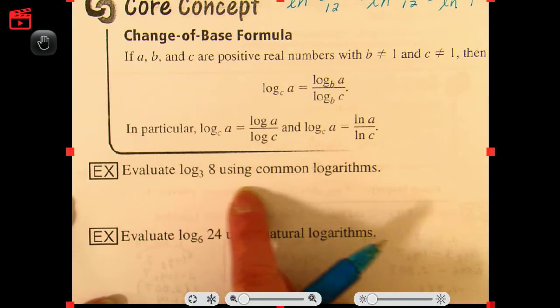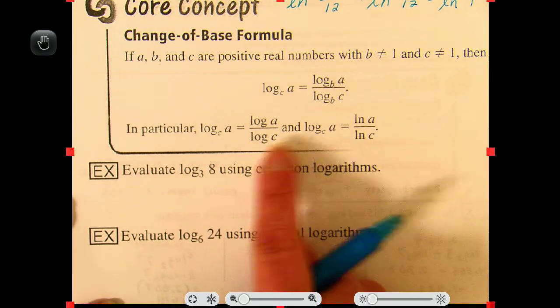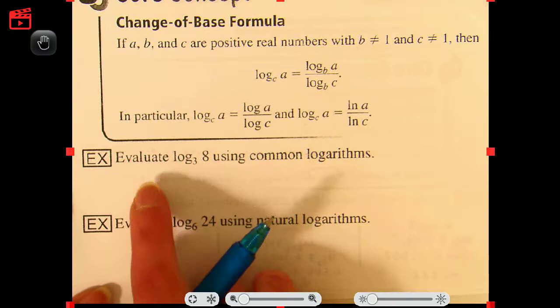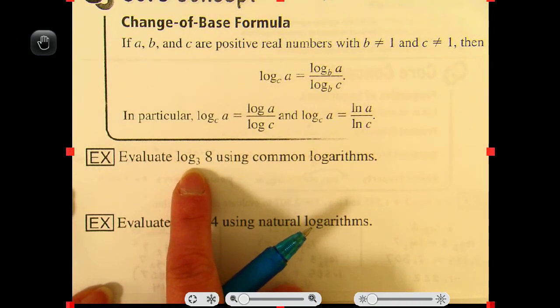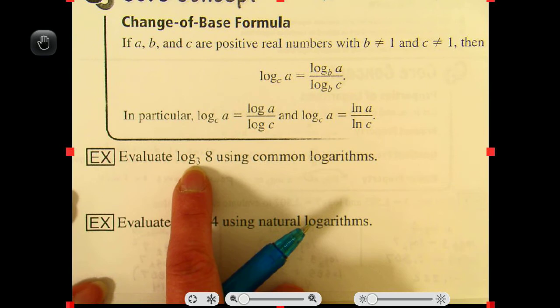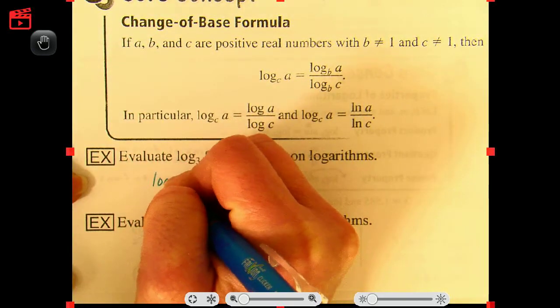So if they want me to evaluate this using common logs, and then this one's with natural logs, you can see both setups, by the way. So again, I couldn't just use the log button on my calculator and type that in straight away, because the calculator log button has a base 10. But what I could do is type it in like this. So I have log base 3 of 8.